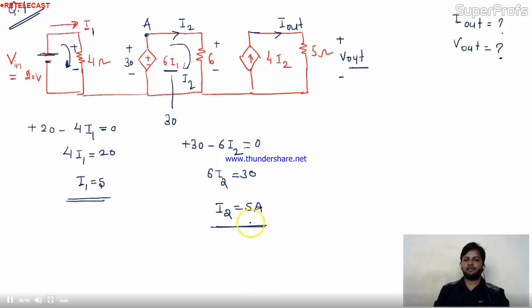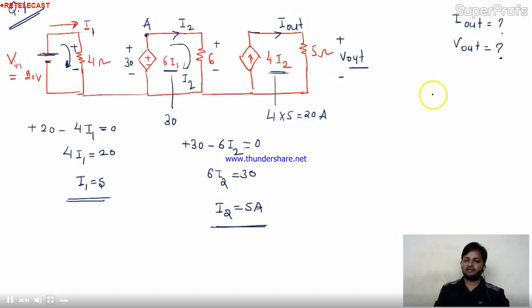Once you get 5 ampere, you directly get the value of this dependent source, because it depends on I2. So the value is 4 into 5, 20 ampere. This source current is the mesh current, I out, flowing in the circuit.